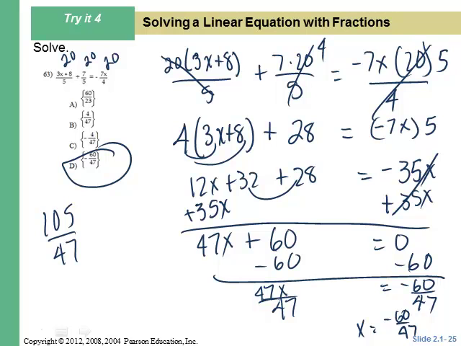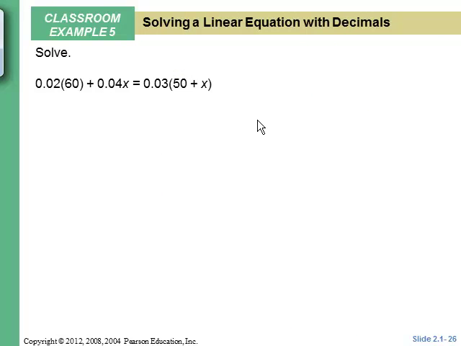Negative 7 times fraction negative 60 over 47, over 4, equals 105 over 47. It does check. What do you know? Will miracles never cease?